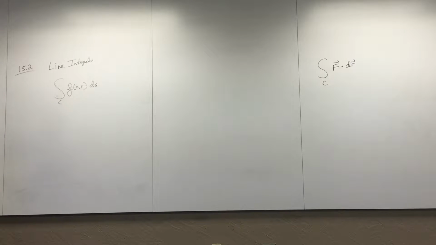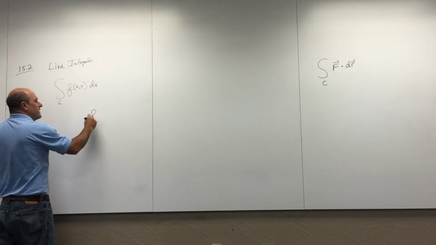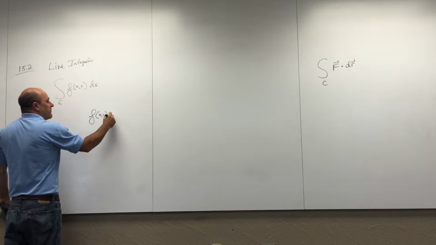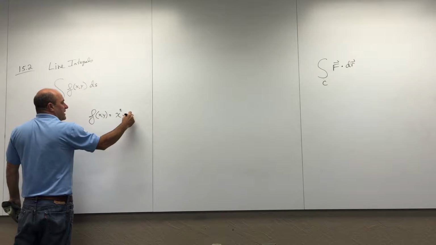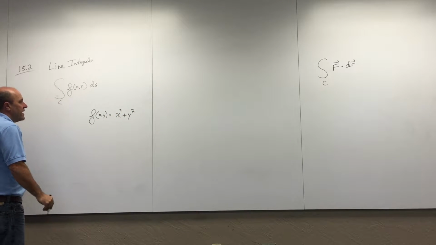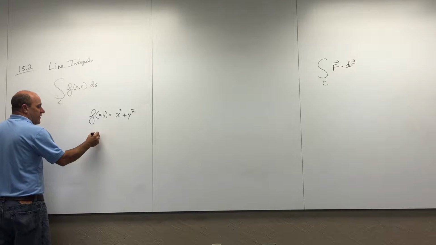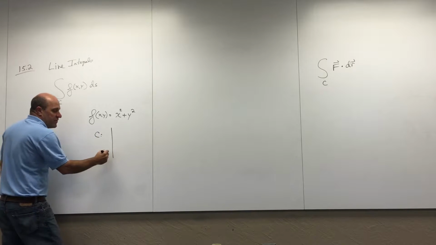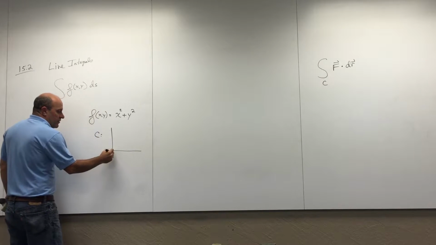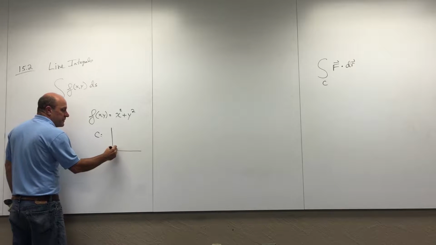So let's see, what can I do to you here? I can give you a function. Let me give you a function. I'm going to integrate a function. I'm just making a kind of an easy function there. And then I got to describe a curve to you. So here's this curve. Now watch this. This is kind of interesting. I'm going to describe this curve to you by giving you a picture. My curve is this curve.